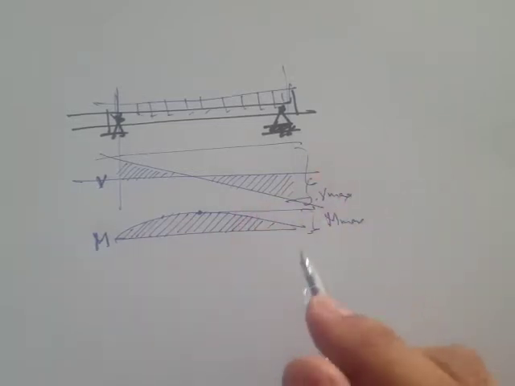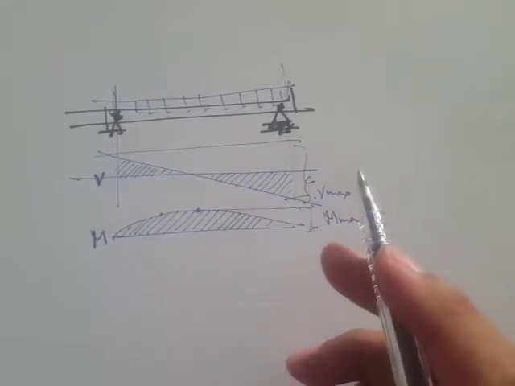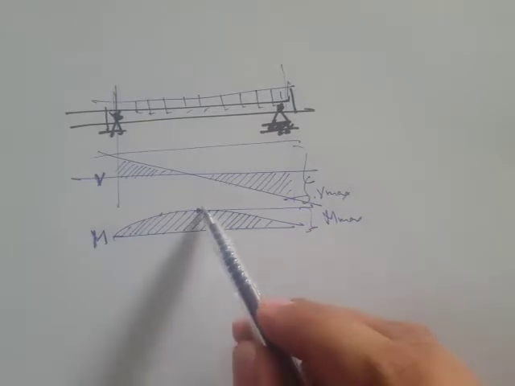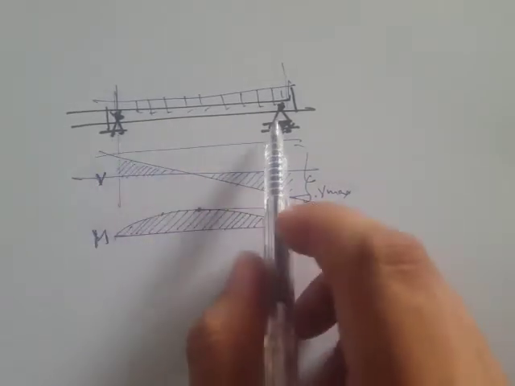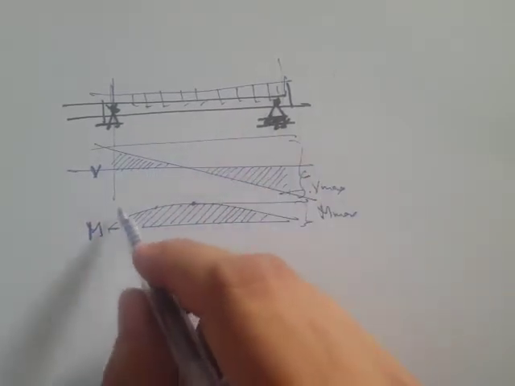When we talk about reinforced concrete structures, recall that the tension zone actually matters. The location of the tension zone matters because that's where we put our tensile reinforcements. That depends upon your boundary conditions and your loading conditions.